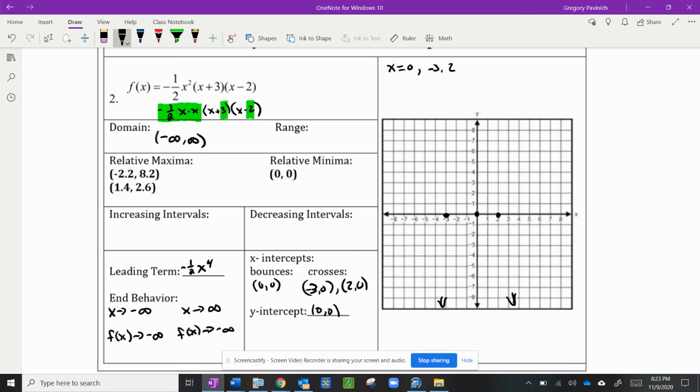Let's put in my relative maxes: negative 2.2 comma 8.2, and 1.4, 2.6.